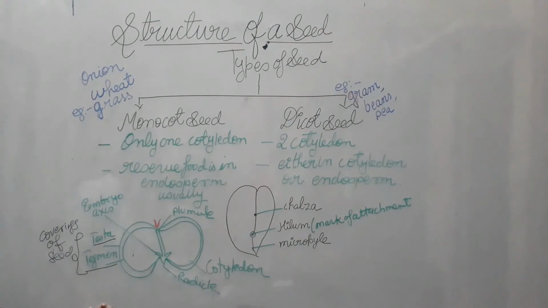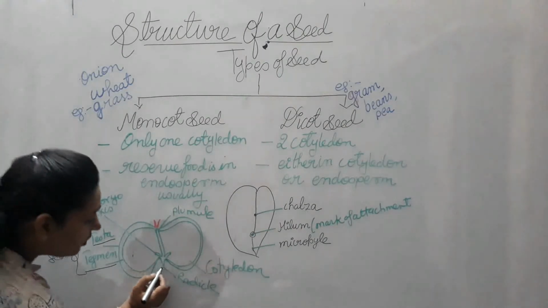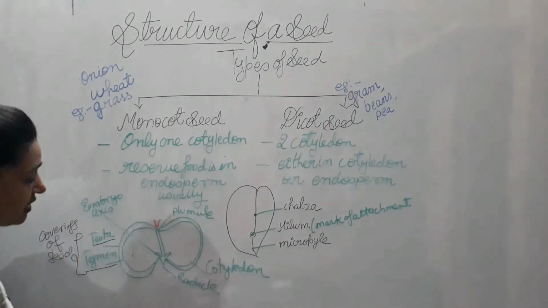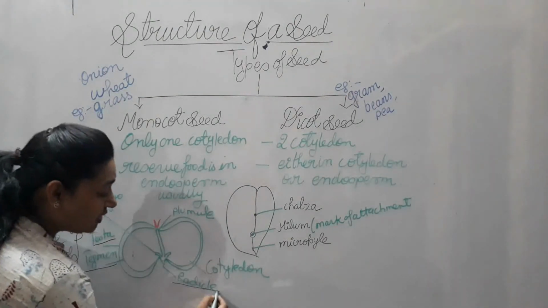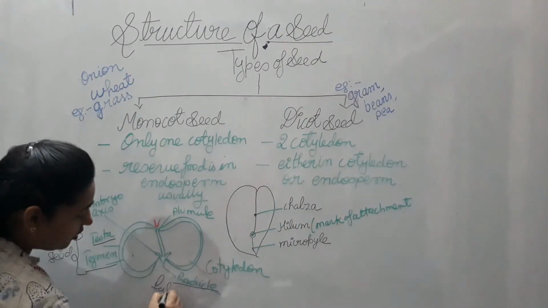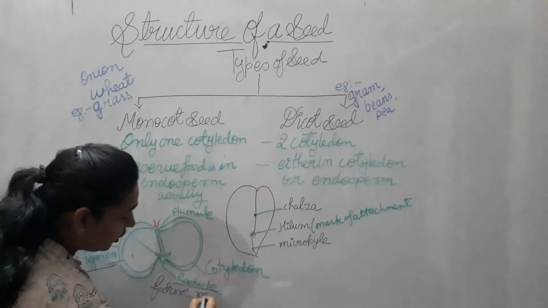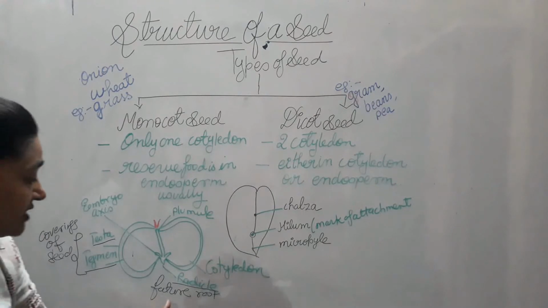After that, if you have germinated or made sprouts and you open it, you will see down below a structure somewhat like this, maybe whitish or yellowish. That part is the radicle. Radicle is the future root. In future, if you sow this seed, the roots which you will find developing are from the radicle.